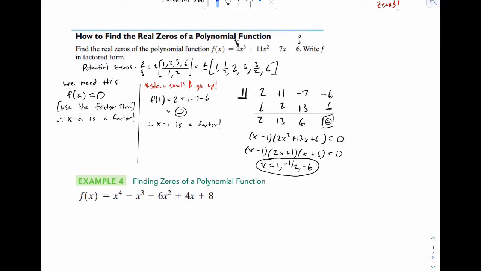So we'll say, I'll put that over here, f of x. The factored form would be, you could leave it like this. What our book likes to do is factor the 2 out. So they'll do like 2 times x plus 1/2, x minus 1, x plus 6. So this would be your factored form.